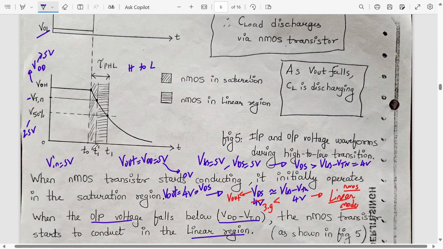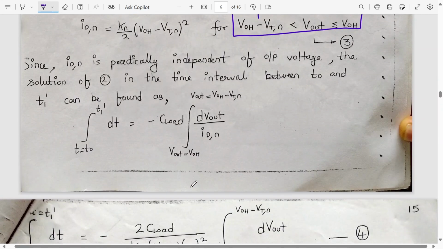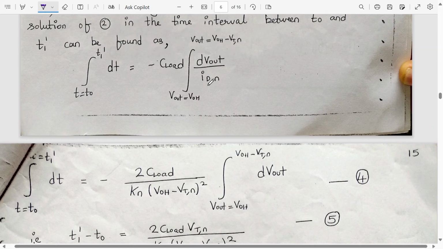Here we have to calculate in this interval, T0 to T1 dash. During this period, the NMOS is in saturation. So we can integrate and find the area, and then we can find the result. The integral of dt from t naught to t1 dash equals minus C load, which is a constant, times the integral of dVout by IDN, where Vout goes from VOH to VOH minus VTN. Here we substitute the IDN formula.